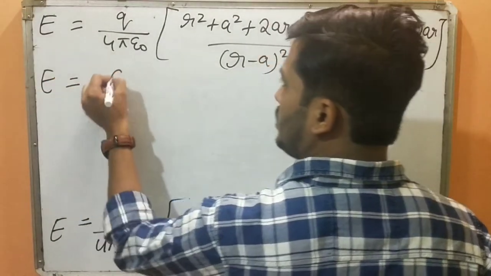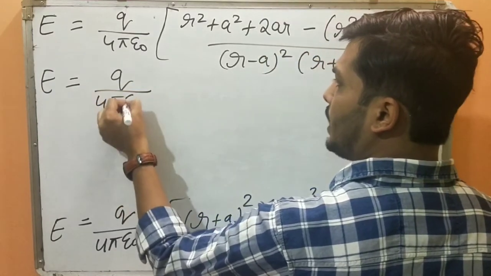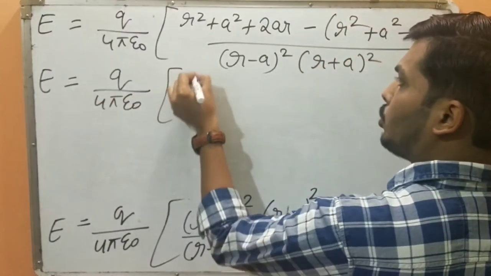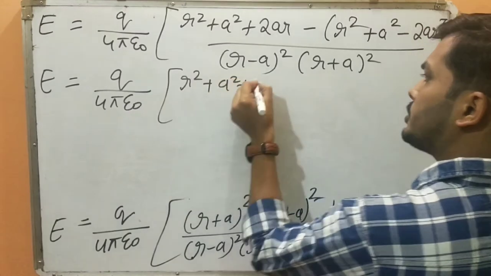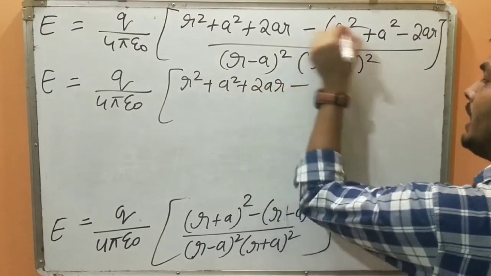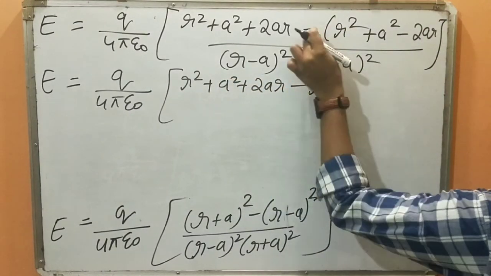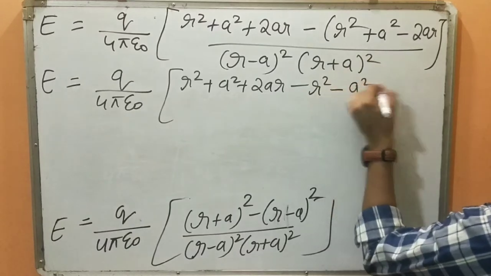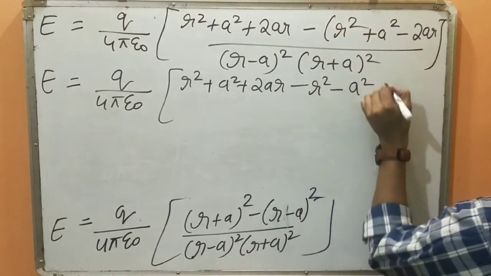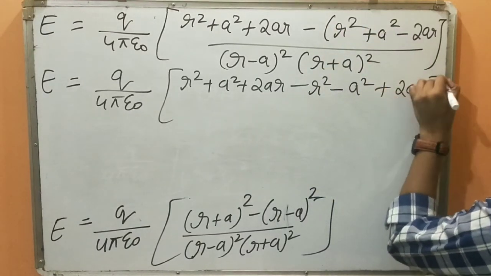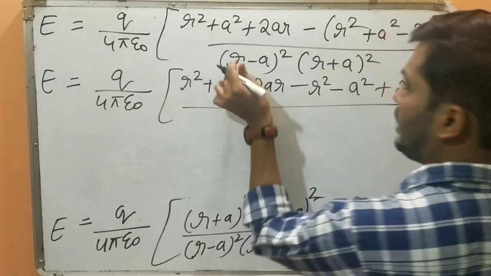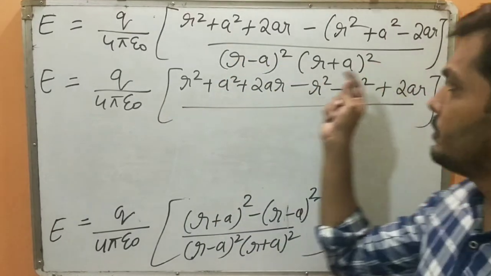Now open the bracket. E equals to q divided by 4 pi epsilon naught r square plus a square plus 2ar minus, open the bracket, minus r square, minus plus will be minus a square, minus minus will be plus 2ar, divided by r minus a the whole square, r plus a the whole square.